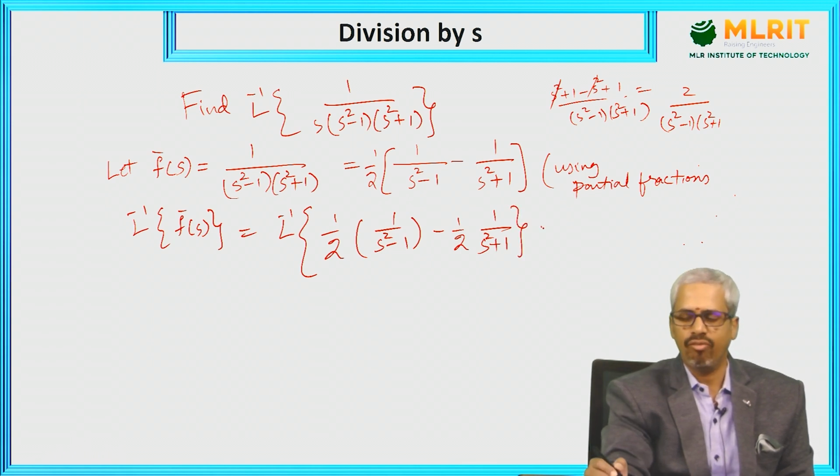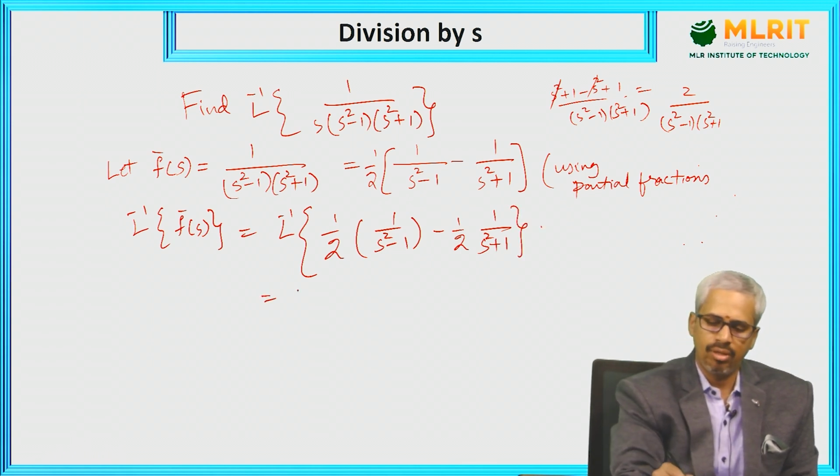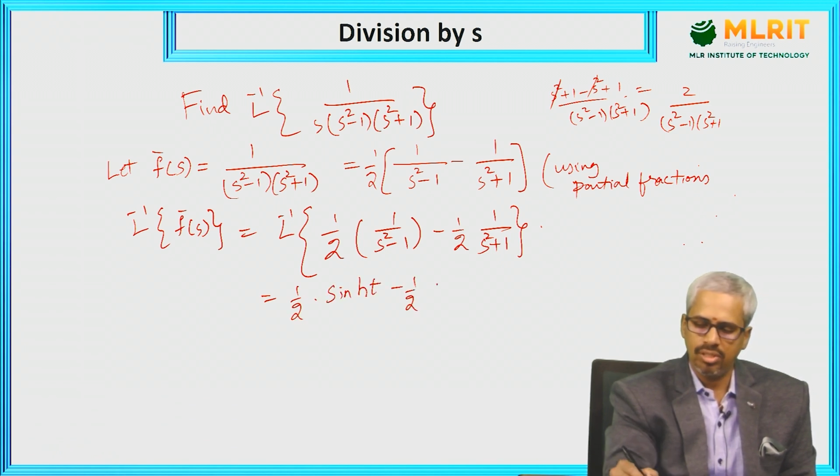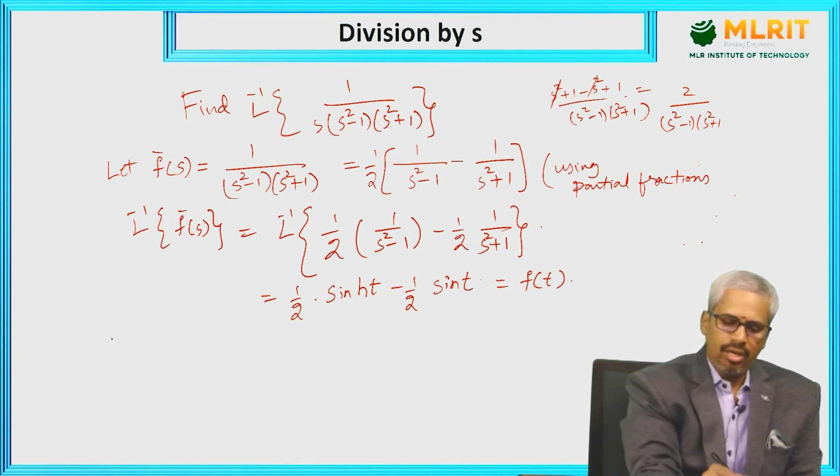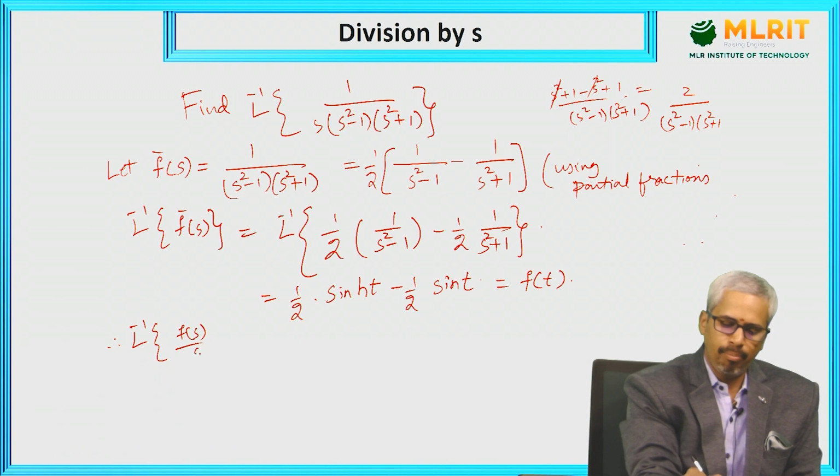What is L inverse of 1 by s square minus a square? Sinh at. Here a means 1. This is sinh t, and the other is sin t. Now this function I am assuming as f of t. Now L inverse of f bar of s by s.